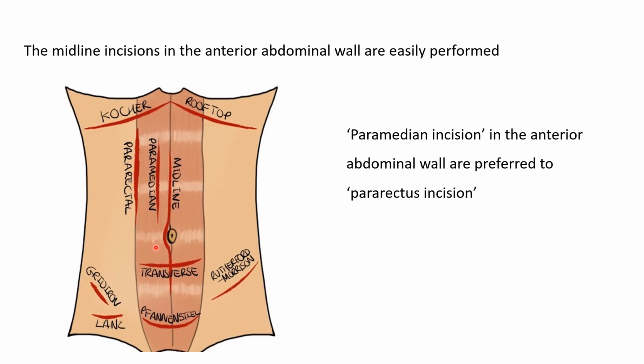McBurney's point is a point that lies at the medial 2/3 and lateral 1/3 of the line to the anterior superior iliac spine. So approximately in this junction. So take a point medial 2/3 from the umbilicus downwards and laterally, and 1/3 from the anterior superior iliac spine. This particular junction is called McBurney's point, and there the incision is made to incise the inflamed appendix.